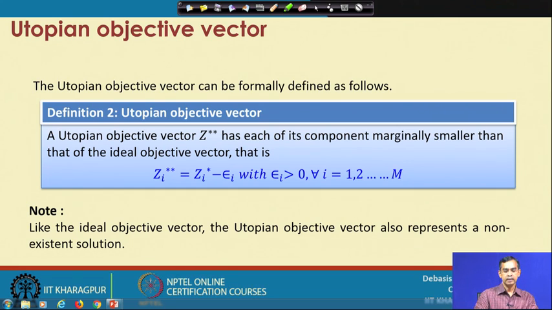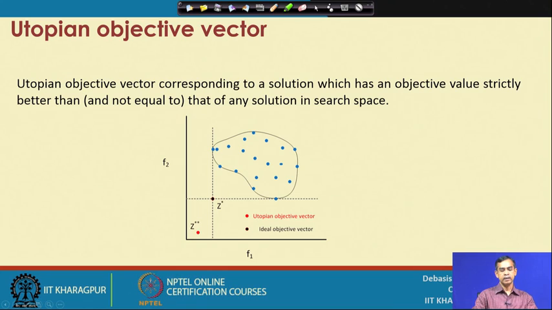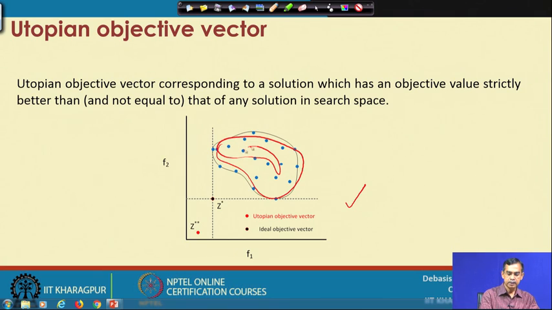Now, let us illustrate the concept. This figure is planned to illustrate the concept of the Utopian objective vector. This is the search space, and we have learned that this is the solution which is called the ideal solution. The Utopian solution is far better than the ideal solution, so this is a Utopian solution, and the vector which satisfies this solution is called the Utopian objective vector.